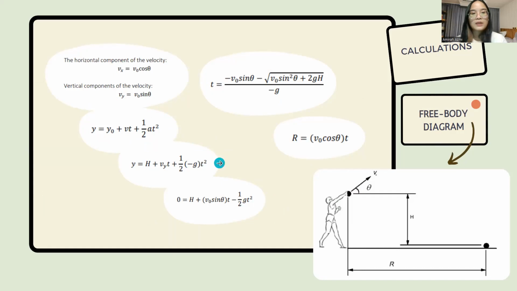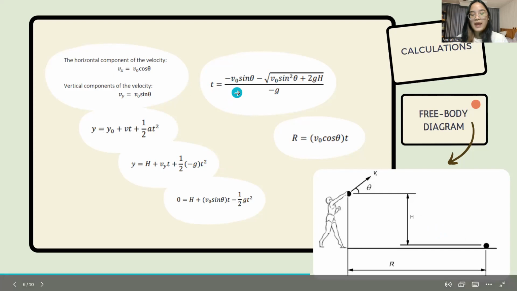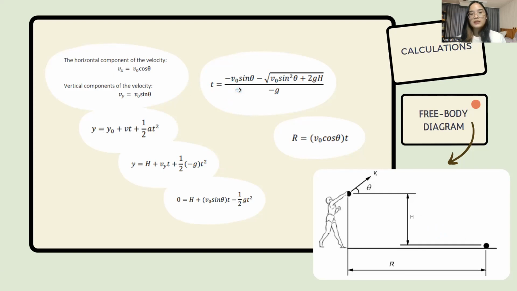Finally, we have this equation that will help us calculate the time that the ball will travel, as you can see on the FBD. When we have the time of travel that the shot put will experience before hitting the ground, we can finally use the equation here to calculate the horizontal distance that it travels.